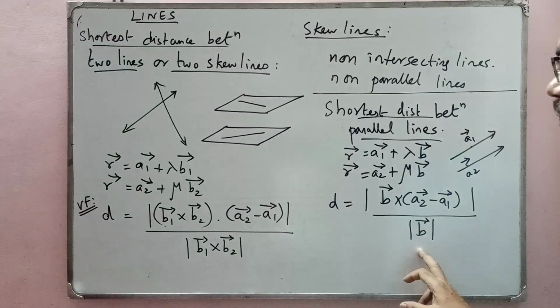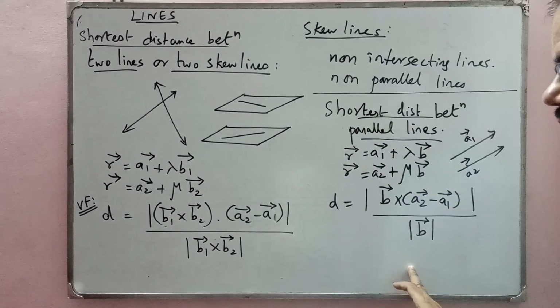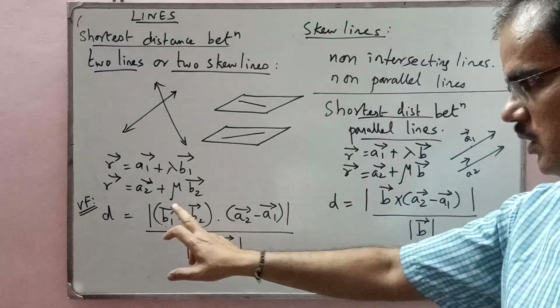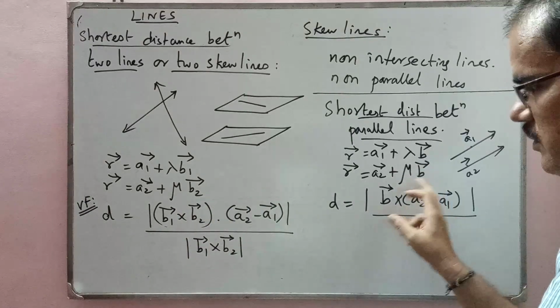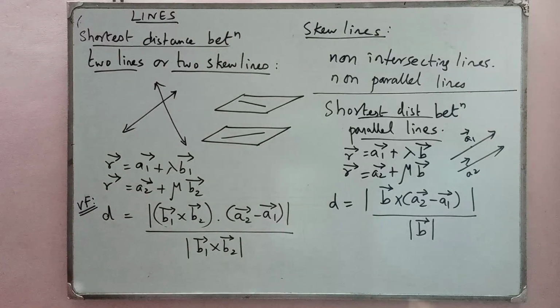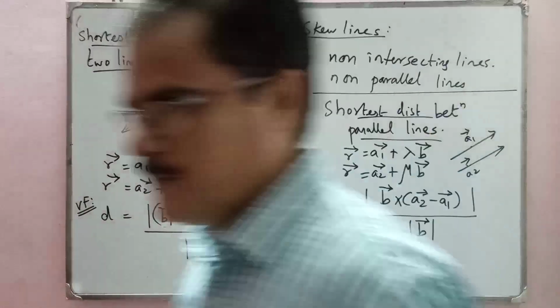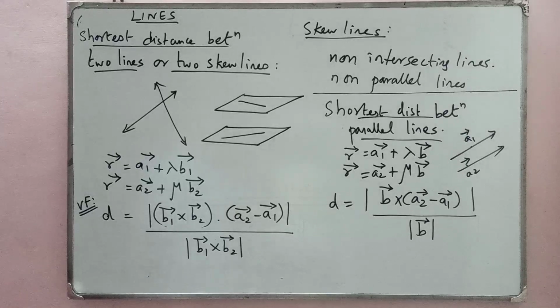This is the formula to find the shortest distance between parallel lines. Here we have only one direction since directions are the same, so we have only b. There we have two directions. Let's compare and learn. You can easily remember. These are the required formulas for 11.2. Now you can start doing the 11.2 exercise. Thank you, children.